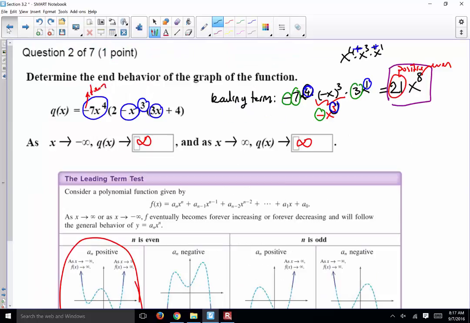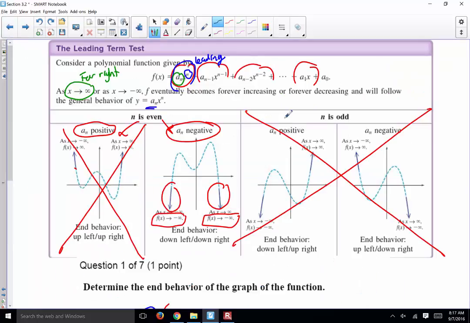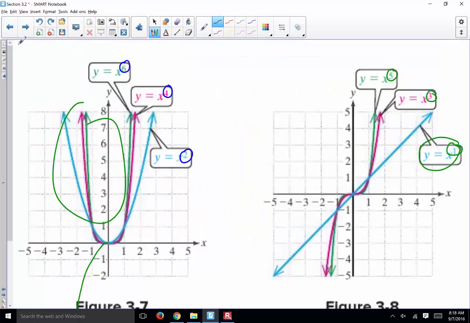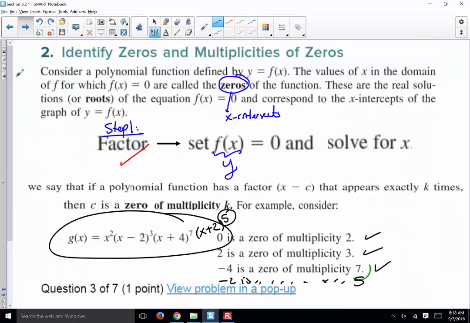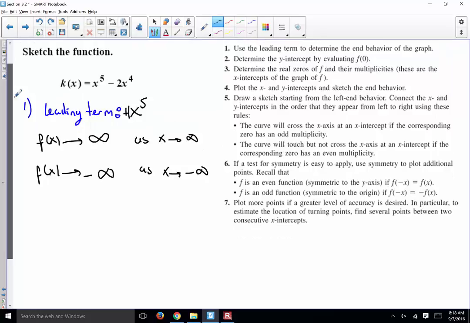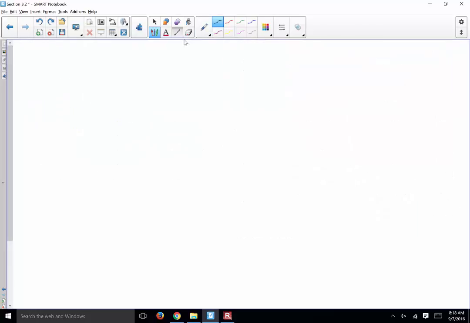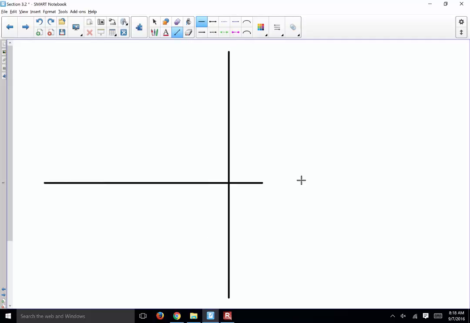Again, either use this table, it's odd and positive, so down, up, or use this idea, x to the fifth is here, green picture, left side is down, right side is up. Either way is fine. We have our first result that's going to help us sketch this thing. Every time I get information about the polynomial, I will put it here.